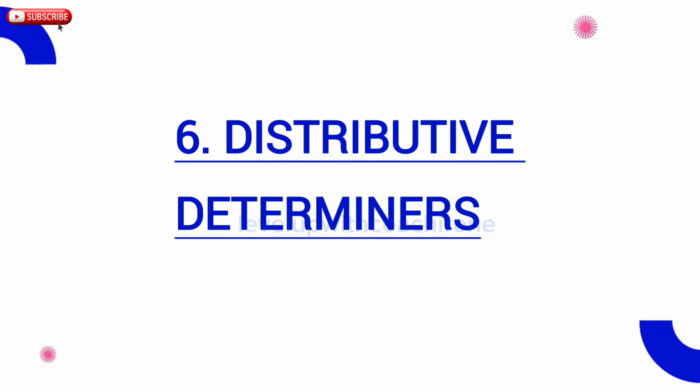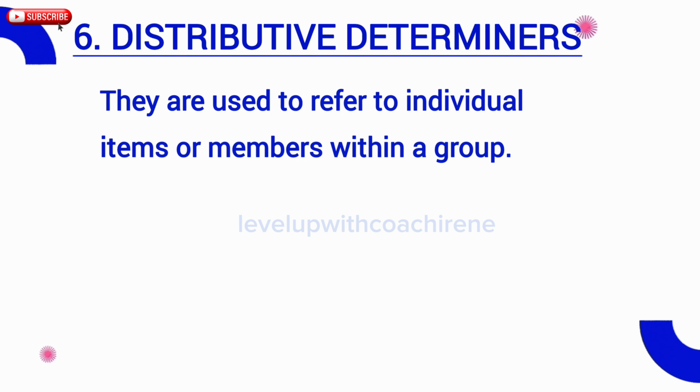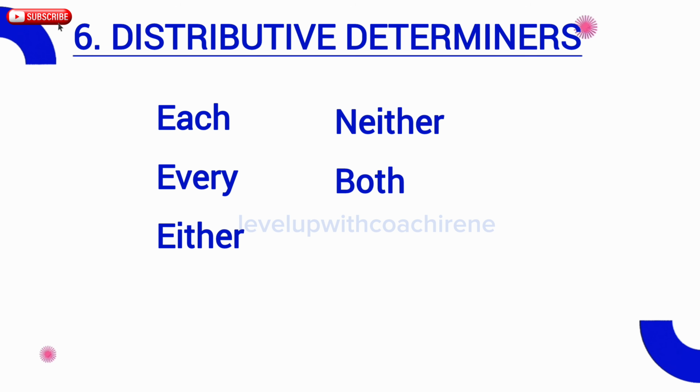Number 6, distributive determinants. They are used to refer to individual items or members within a group. They help to specify how something is distributed among the members of that group. The main distributive determinants include each, every, either, neither, both.